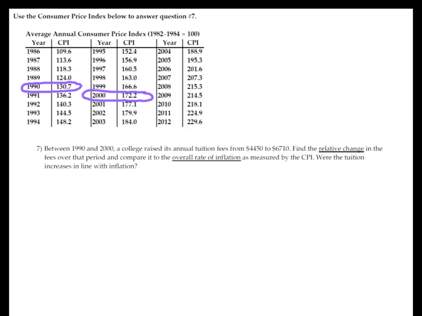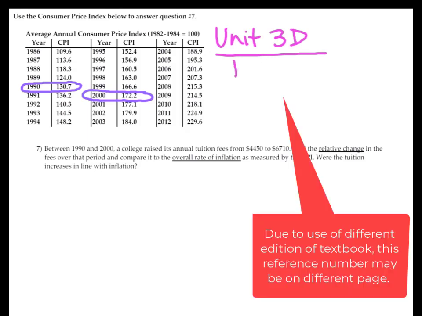And for reference, this is from Unit 3D. And this is similar to example number 5 of the textbook on page 166. And this is inflation rate.